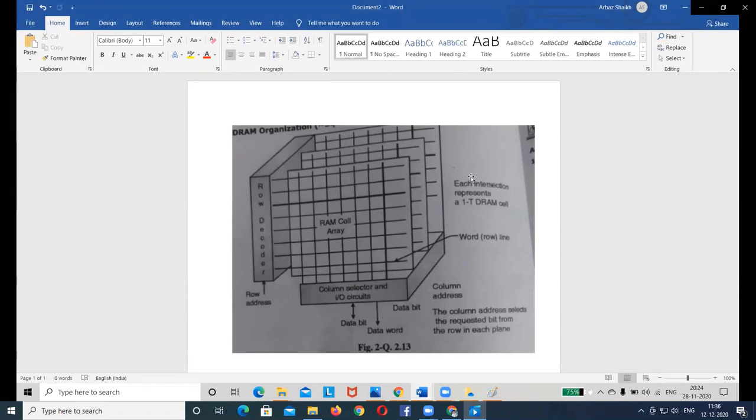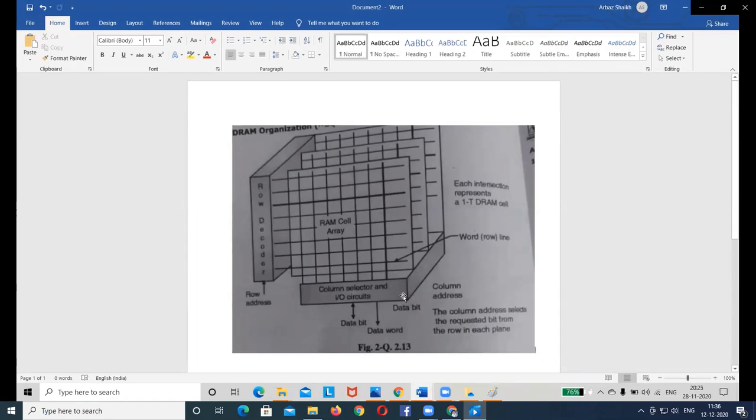So classical RAM organization, this square is there. This is the bit data line, this black one you can see. Each instruction is represented in this RAM cell. Then the word row line, this is the word row line, shown by the arrow. Then the column address.